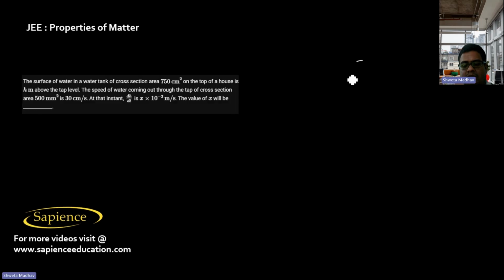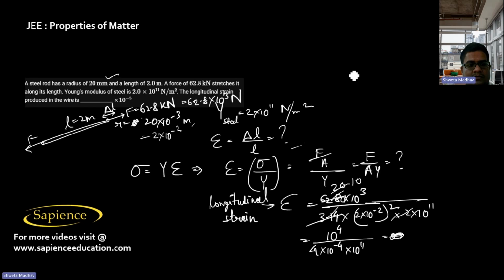This will be 0.25 into 10 power minus 3. So this will be 25 into 10 power minus 2 minus 3, which is 25 into 10 power minus 5. So the longitudinal strain produced in the wire is 25 into 10 power minus 5. So 25 is the answer.